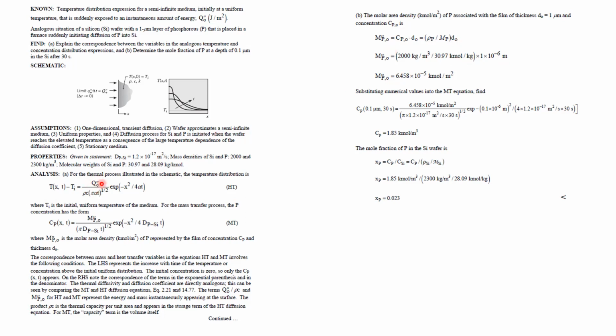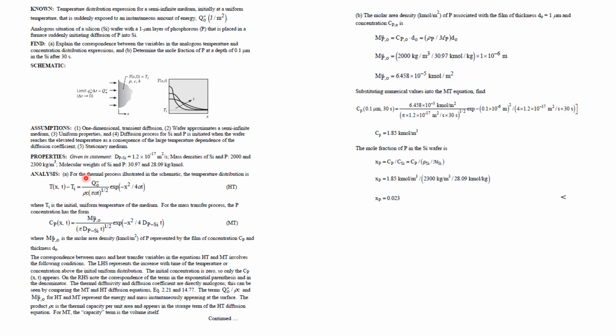Q0 is the heat flux into the body. Here, what is the similar term? We are supplying the phosphorus flux into that silicon wafer. So what is the phosphorus flux into the silicon wafer? That value is shown here. So this is the amount of flux which is acting per unit area into the silicon wafer.